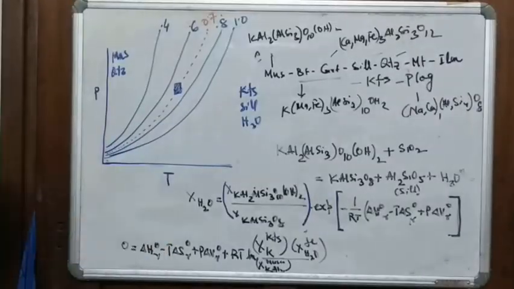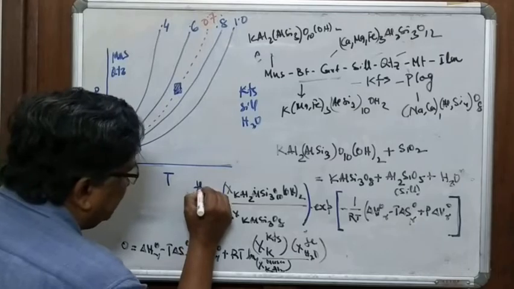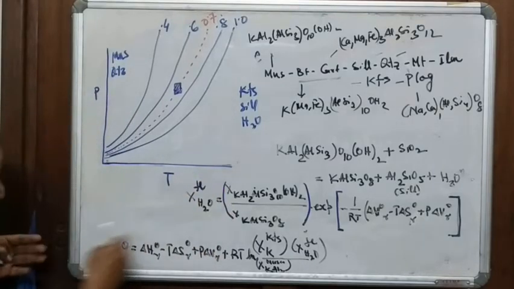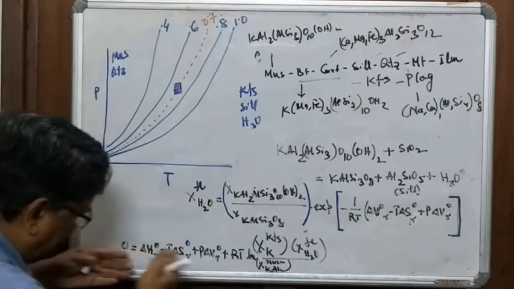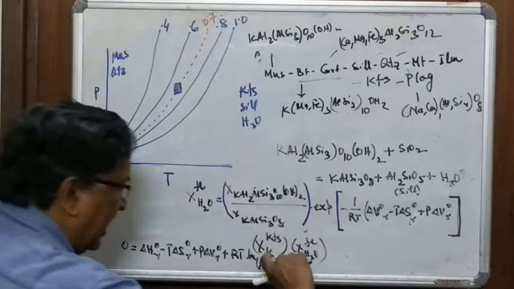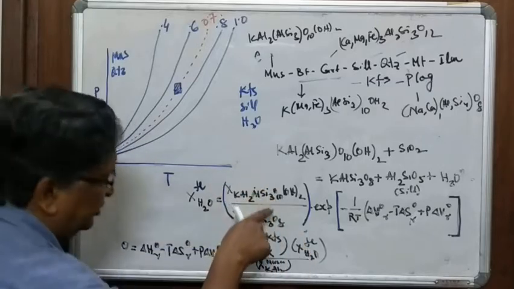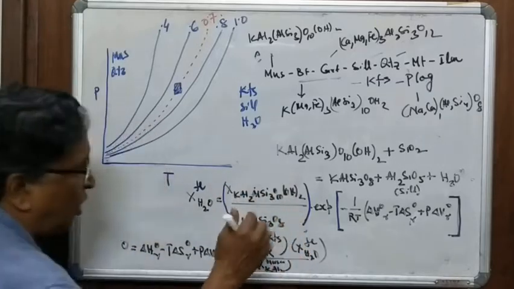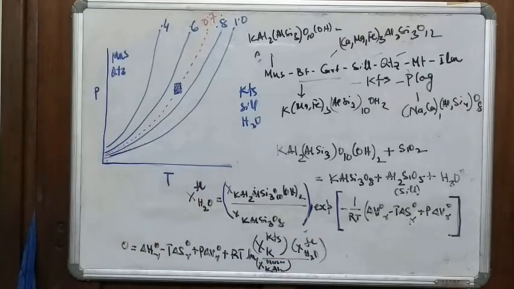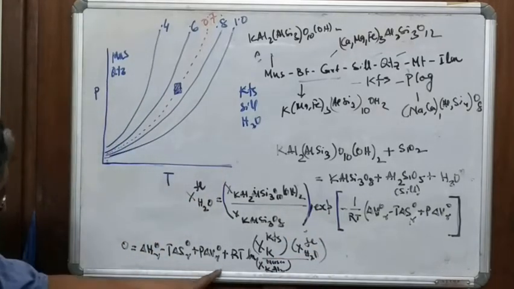So you can see your XH2O in the fluid can be written by transferring this to the left hand side and hence the negative, then dividing it by RT and then exponential of it and then multiplying this into the reverse side. So this is all what you get from the earlier expression.